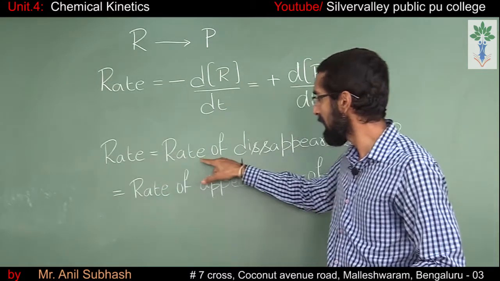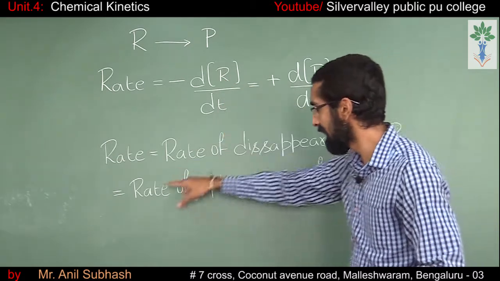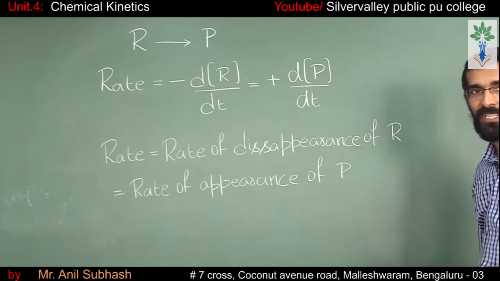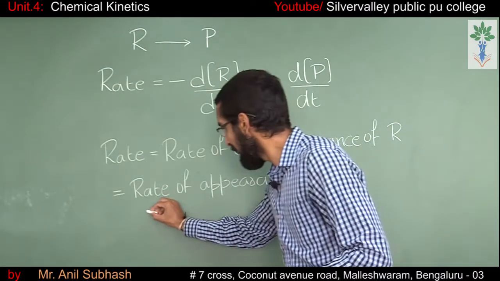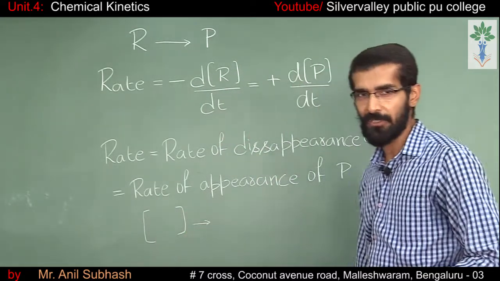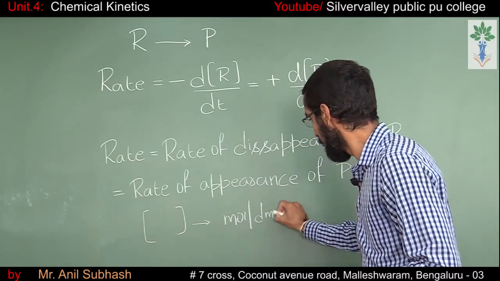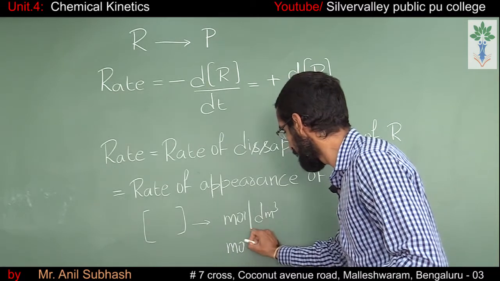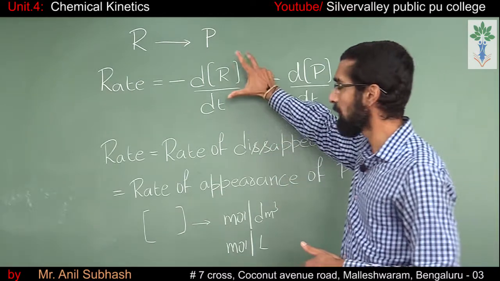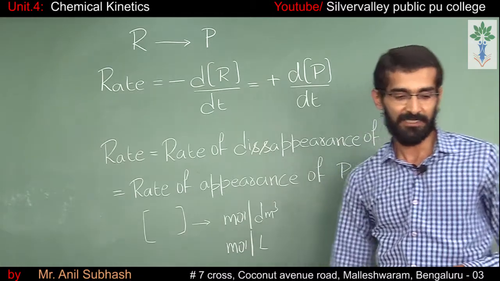Therefore, rate is equal to rate of disappearance of R, that is minus dR by dt, which is equal to rate of appearance of P, that is plus dP by dt. And remember, anything written in square brackets represents molar concentration in mole per dm cube or mole per liter.